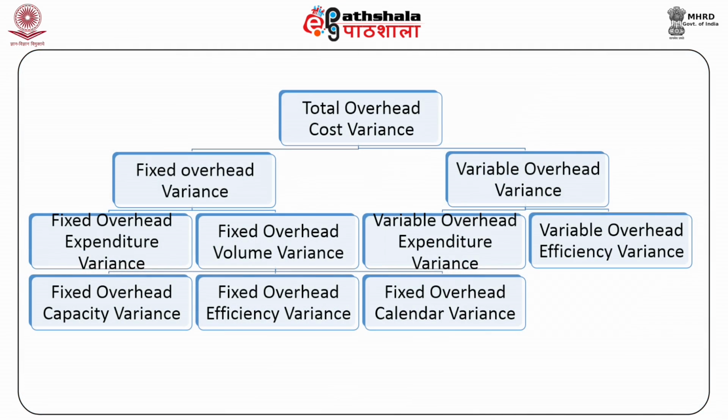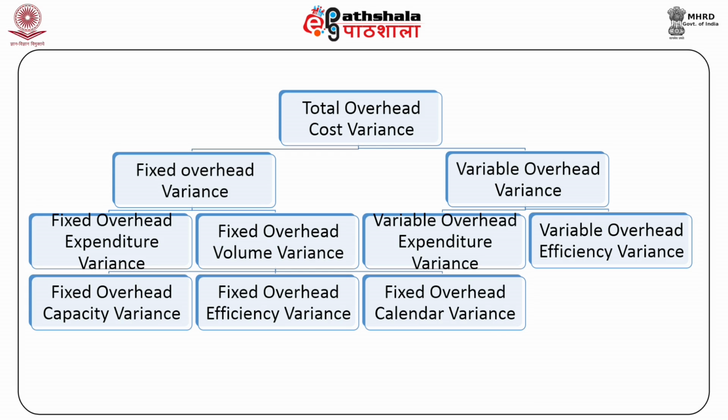This section discusses variable overhead variances and fixed overhead variances. Variable overhead cost variance measures the difference between absorbed variable overhead and actual variable overhead. The variable overhead cost variance is subdivided into variable overhead expenditure, spending, budget variance and variable overhead efficiency variance.